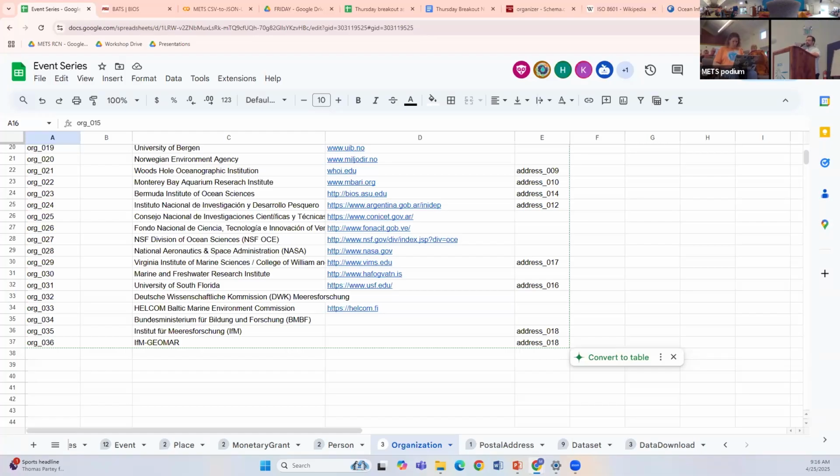Then we can do it at the event level, so we don't have to worry about filling in individual data sets. You can just say, my time series offers measurements of the following. Perfect. And then when a machine or human is querying the graph, they can say, hey, is there any organization or any event series that measures these parameters? They'll find you.